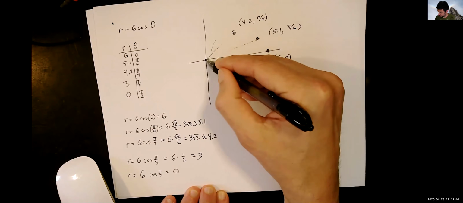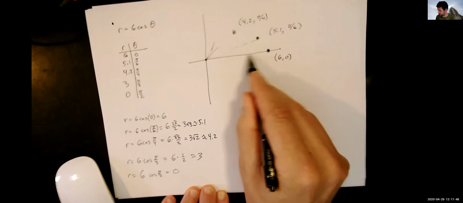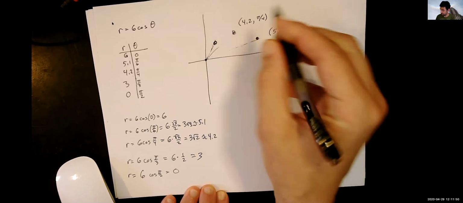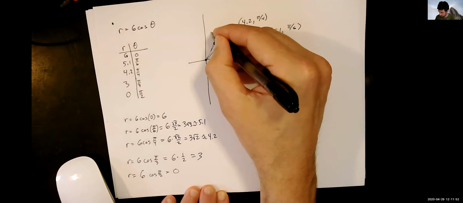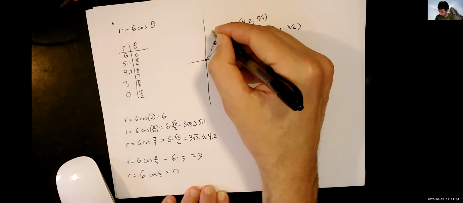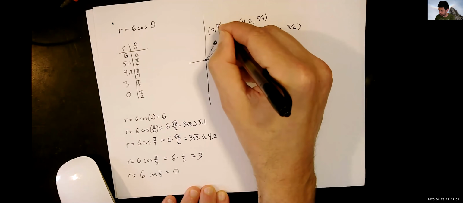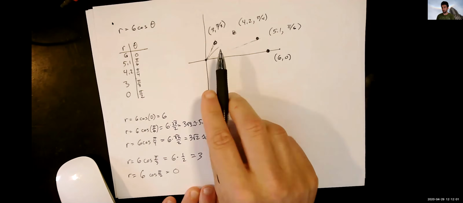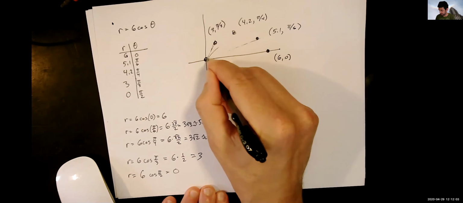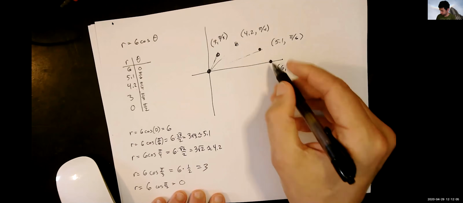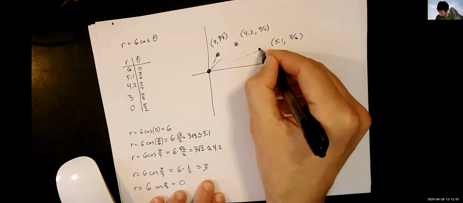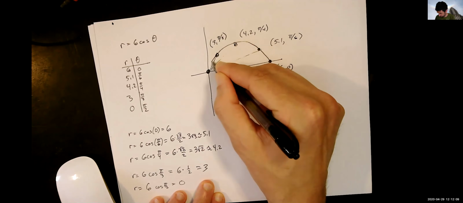Pi over 3 is something like this, and I'm going out half the distance I went over here, so maybe somewhere like this. I get, what point was this? 3, pi over 3. And then when I'm pointing straight up, my distance is 0, right?